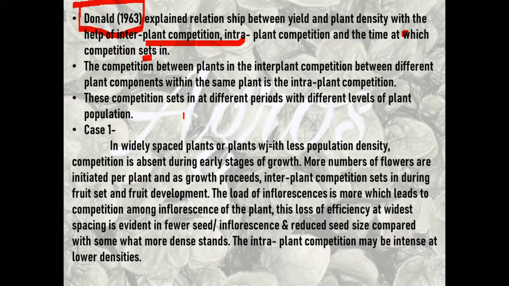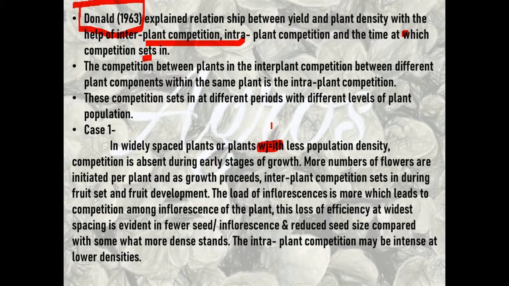In the first case, he spaced the plants with a very low density. Under this condition there was no competition among themselves, meaning zero interplant competition and zero intraplant competition in the early stage of growth.